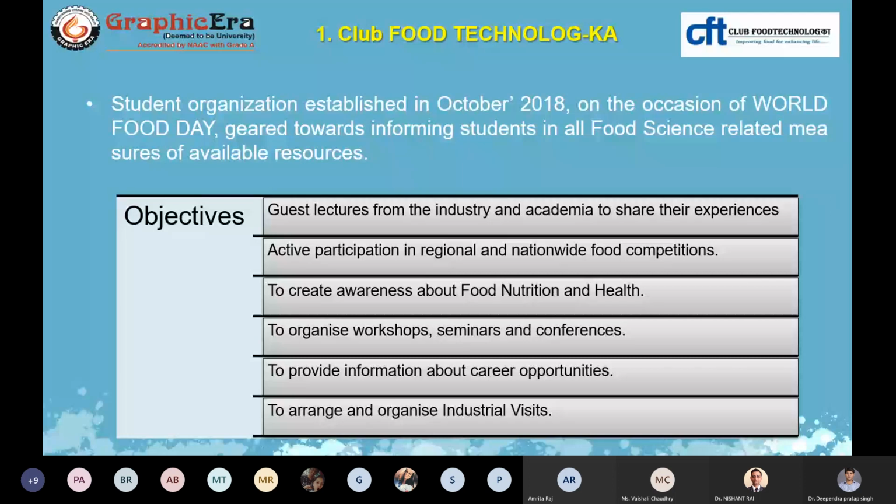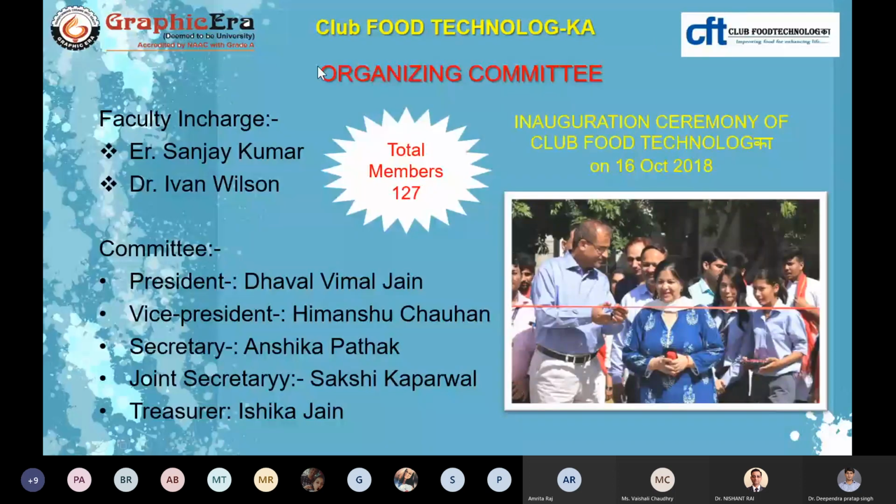The Food Technologica Club was established under the chargeship of Engineer Sanjay Kumar and Dr. Ivan Wilson as founding faculty members. This club has reached a total membership of 127, and was inaugurated by our Vice Chancellor, Dr. Rakesh Sharma, on October 16, 2018, on World Food Day.